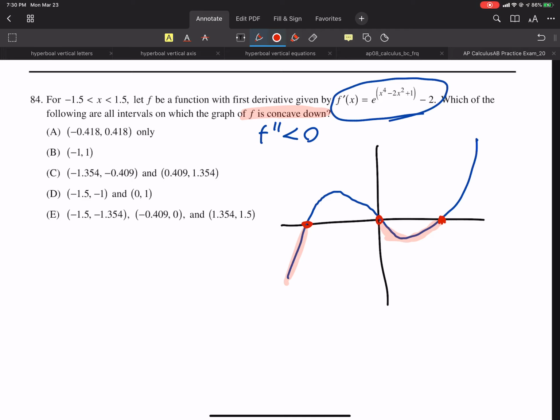I can tell just by looking at the graph, it's this. I mean, look at your graph, look at your marks. Clearly it's that. It doesn't fit any of the other ones, so we can stop there. If you want to actually find these 3 points, you can, but I think it's a waste of time. That's it for number 84. And we're done with the session.